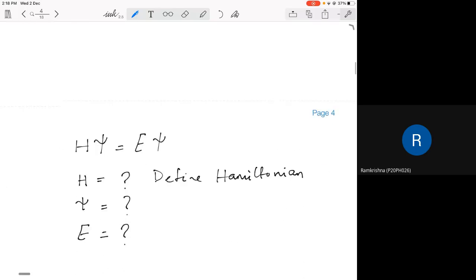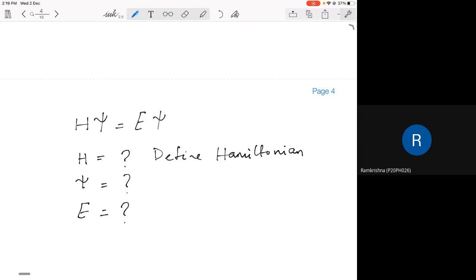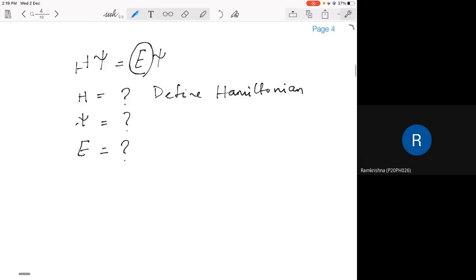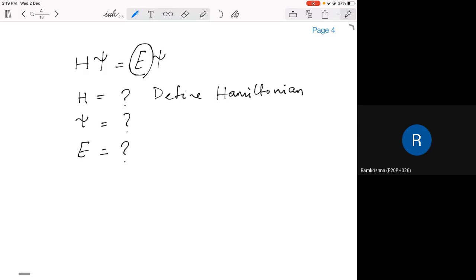So in quantum mechanics, for any quantum mechanical problem, if you know the Hamiltonian, which you have to define properly, and if you know the wave function, you can find the energy eigenvalues, which describe which energy states the electron is going to occupy, or what are the possible energy eigenstates available for the electrons.